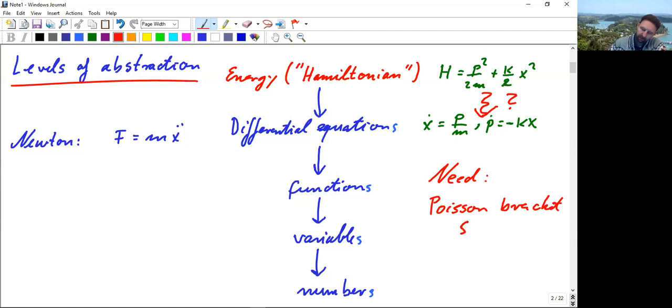And the Poisson bracket is usually written with curly brackets. You may wonder, do we really have to get into this? This is classical mechanics after all.